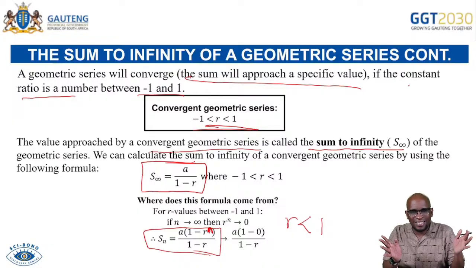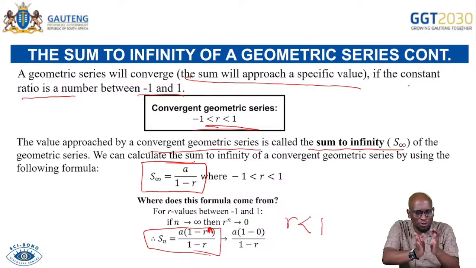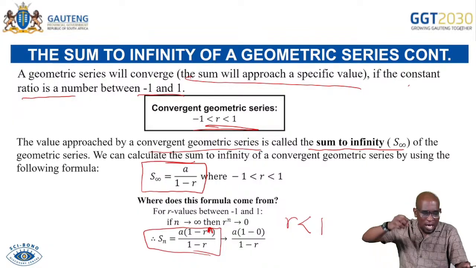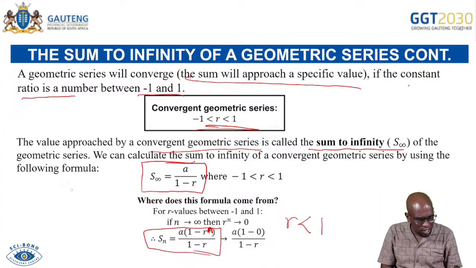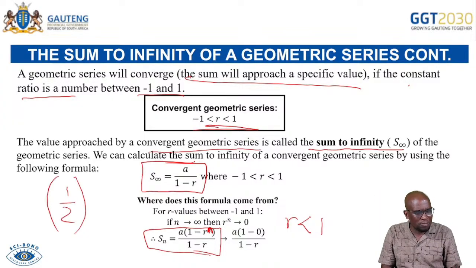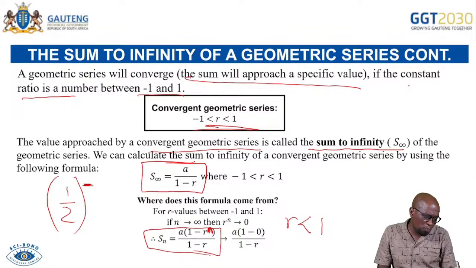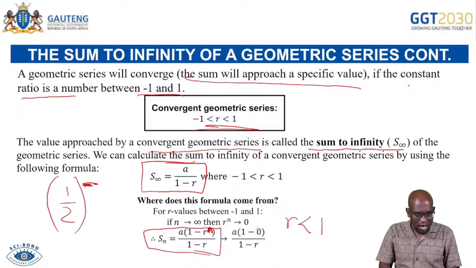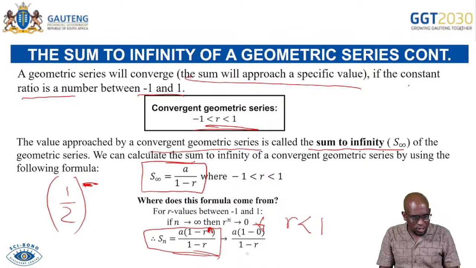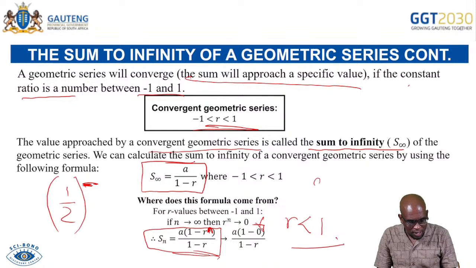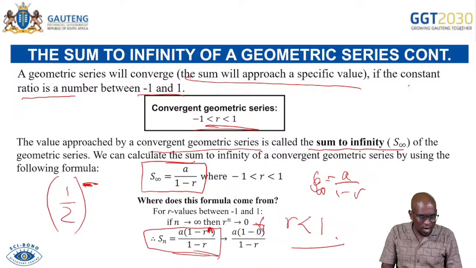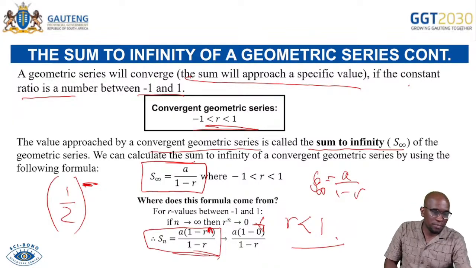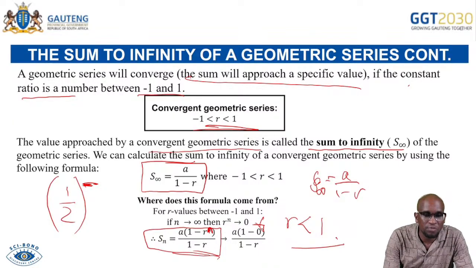Because what happens is the constant ratio keeps on getting smaller and smaller as n gets bigger and bigger, say maybe it's half. So when the exponent keeps on increasing, the ratio keeps on decreasing and it approaches 0. So this formula then would become S sub infinity is A over 1 minus R, because the rest of the things there became 0. Right, we move.